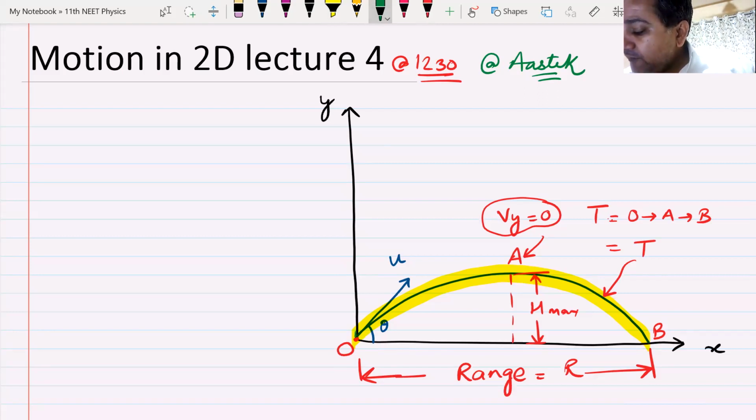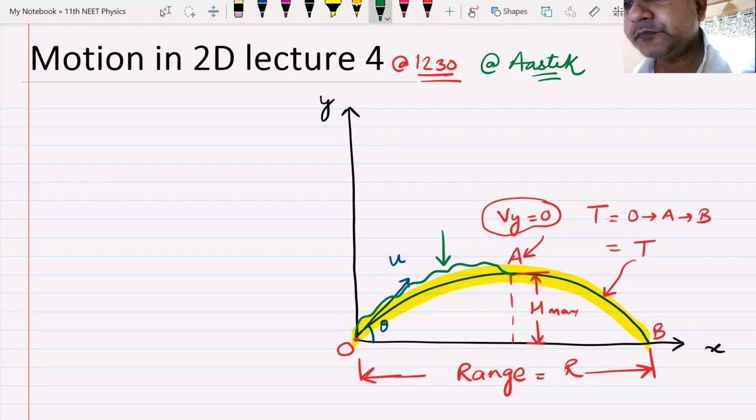Now, if that is the total time of flight, what will be the time taken to go from O to A, from the point of projection to the highest point in the trajectory? If the total time is capital T, how much will be the time taken to go from O to A?